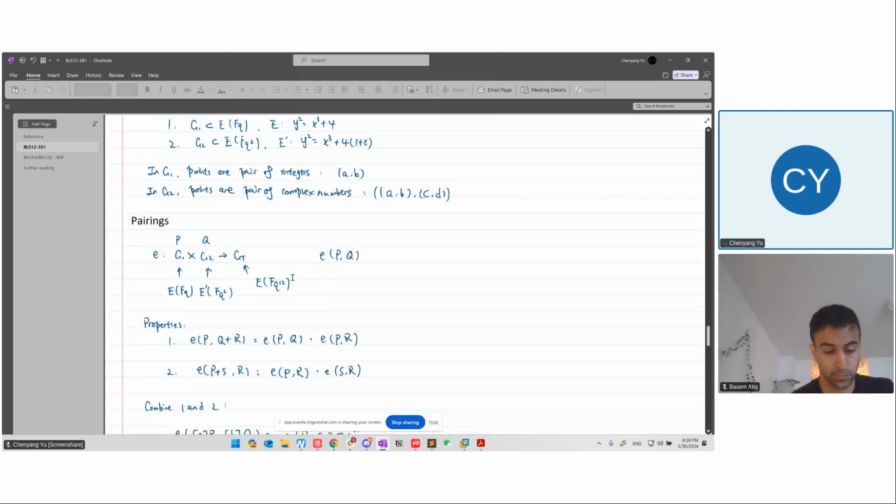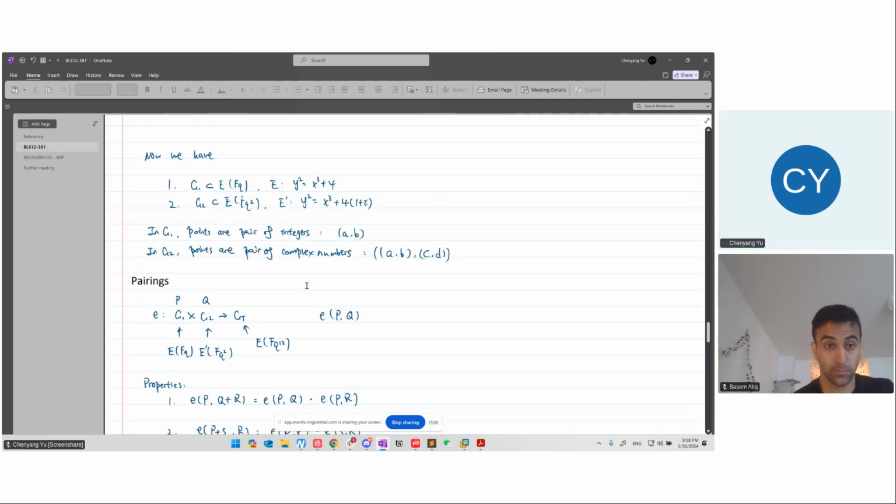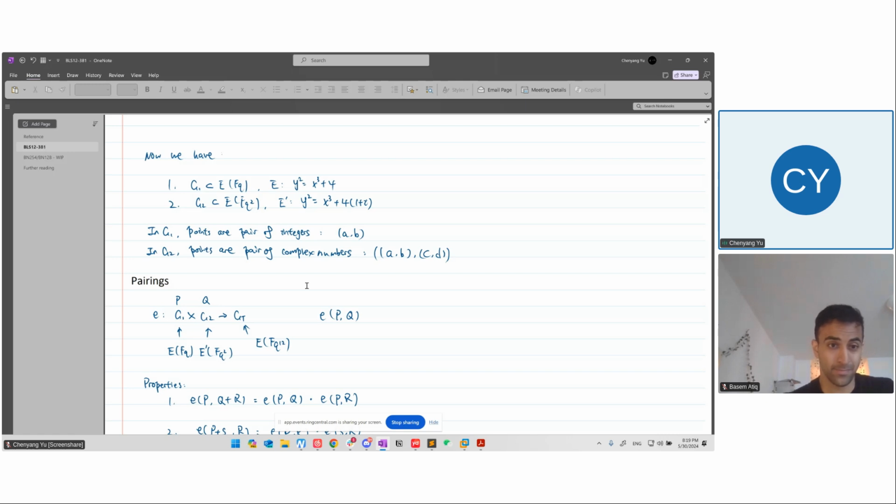Okay. So for pairing, we still treat it as a black box because I need to figure out the math behind it. To do pairing, for now we still use it as a black box. Okay, so we denote pairing as e. The domain is G1 cross G2. This is a direct product of the 2 points.